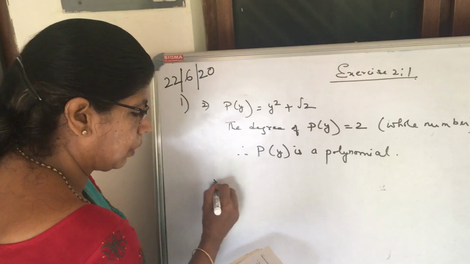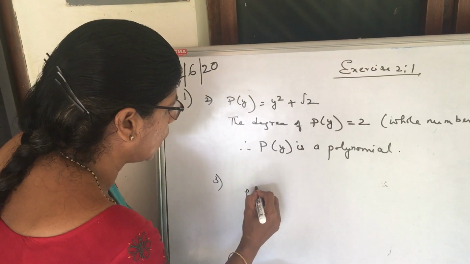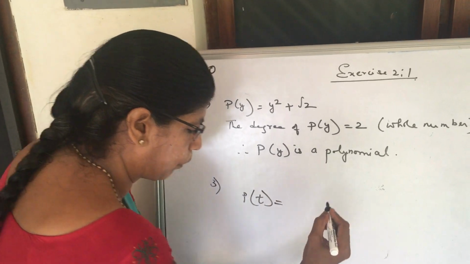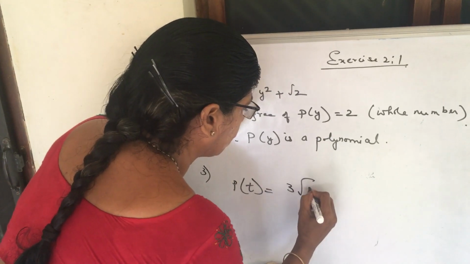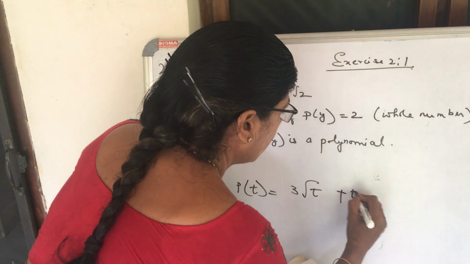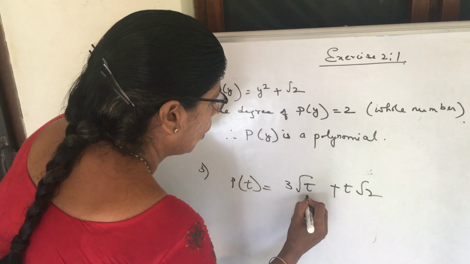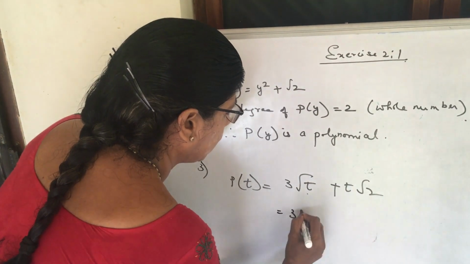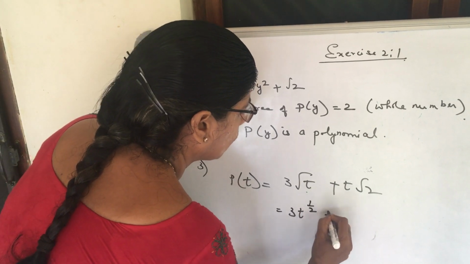Third bit, children. The variable is t. So we take it as p of t, 3 root 2 plus t root 2. Root t means what, children? t to the power of half.